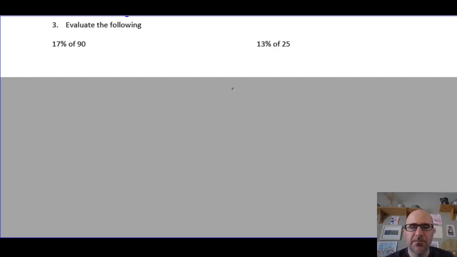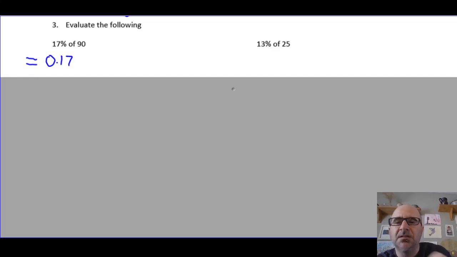In this next example, sometimes you might have a number like 90, and you want to know what 17% of that is. So here's how we do that. 17% means 17 out of 100. So if we take 17% and divide it by 100, we get the number 0.17, and 0.17 is out of 1.